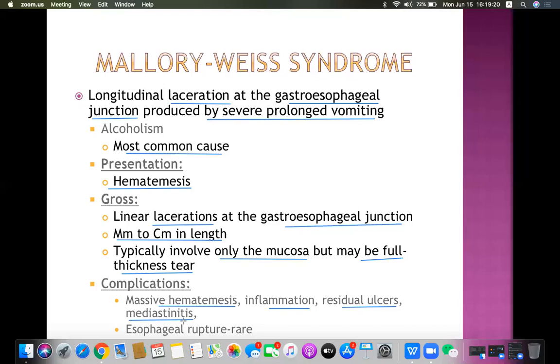Mediastinitis is the infection of the mediastinum, so that is one of the very severe complications. Another one is esophageal rupture, which is rare. If a full-thickness tear occurs in the lower part of the esophagus, we call that esophageal rupture. But as already told, it is a rare condition. So this is Mallory-Weiss syndrome. Just know the meaning here, and what the most common cause is.